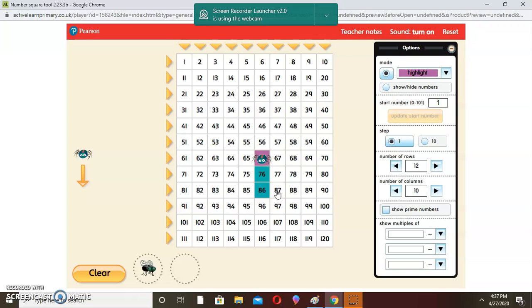So we start counting 7 steps. 1, 2, 3, 4, 5, 6, 7. So this fly will fly all the way from 86 like this: 87, 88, 89, 90, 91, 92, 93, and it will stop there at 93, because you are adding in ones.